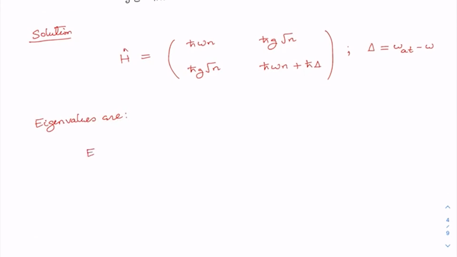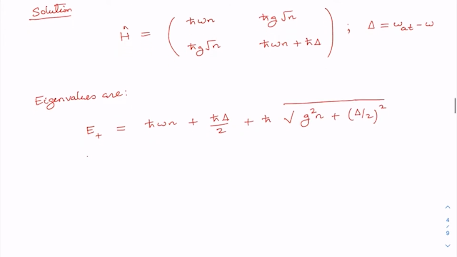We have E plus, which is h cross omega n plus h cross delta by 2 plus h cross square root of g square n plus delta by 2 whole square, and E minus is equal to h cross omega n plus h cross delta by 2 minus h cross square root of g square n plus delta by 2 whole square.